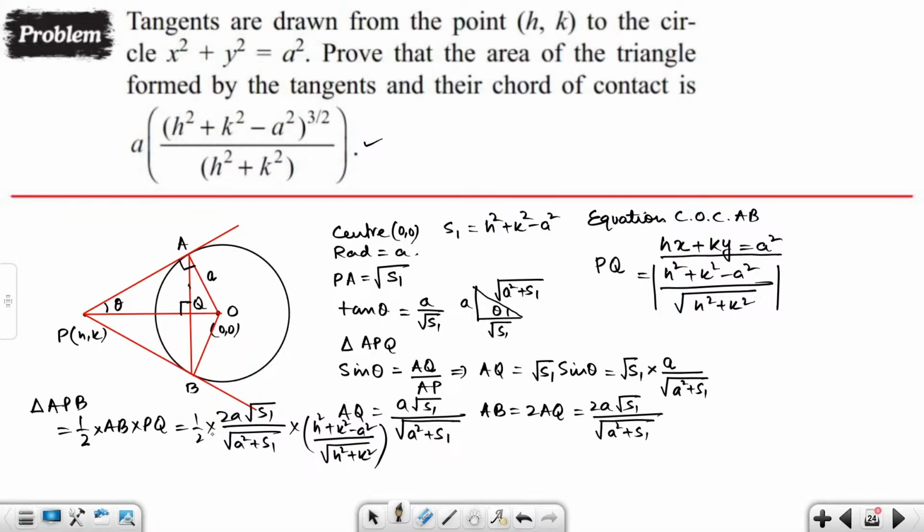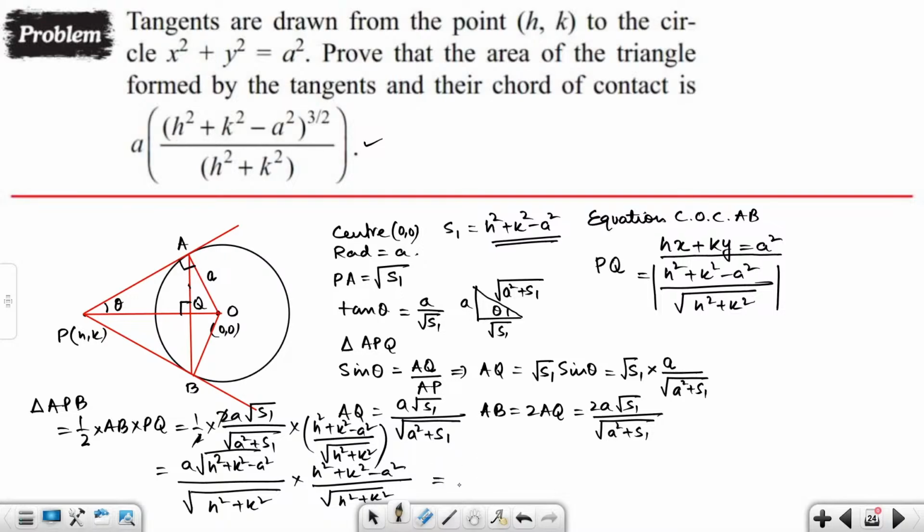Clear? So what you are getting basically, it's coming to A root S1. What is S1? S1 is H square plus K square minus A square. So I'm writing it that H square plus K square minus A square divided by root over of, what is S1 plus A square? It is nothing but H square plus K square, right? Into H square plus K square minus A square divided by root over of H square plus K square.